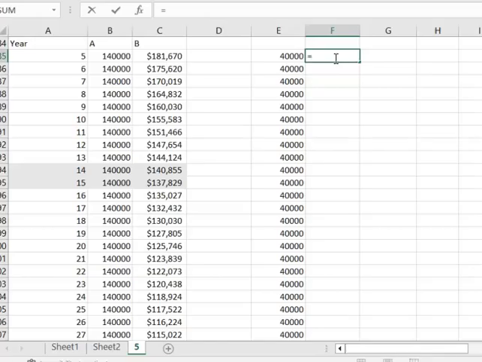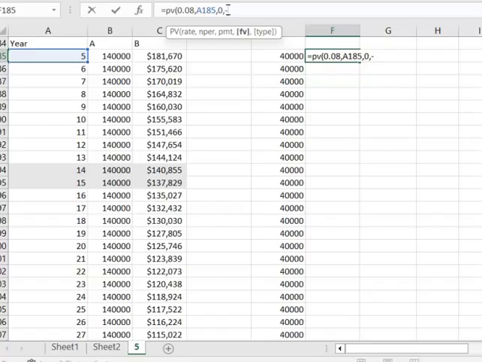And for this part, you are not going to put the $100,000 anymore. 8%, number of periods here, PMT 0, and FV would be minus 120,000.